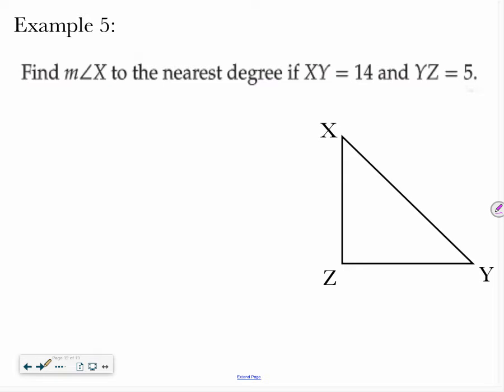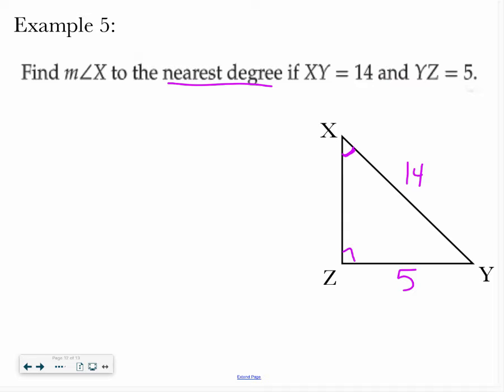So if I give you this triangle right here, and I say, I want you to find angle x, so I want you to find this angle to the nearest degree. If xy equals 14 and yz equals 5.